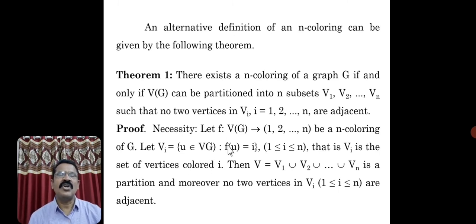Let f be a function from the vertex set of G to the integers 1, 2, 3, 4 and so on and so forth, n positive integers, be an n coloring of G. Let Vi be an arbitrary subset of the vertex set, containing the elements u, where u belongs to the vertex set of G. It implies Vi is a subset of V(G), such that f of u is equal to i.